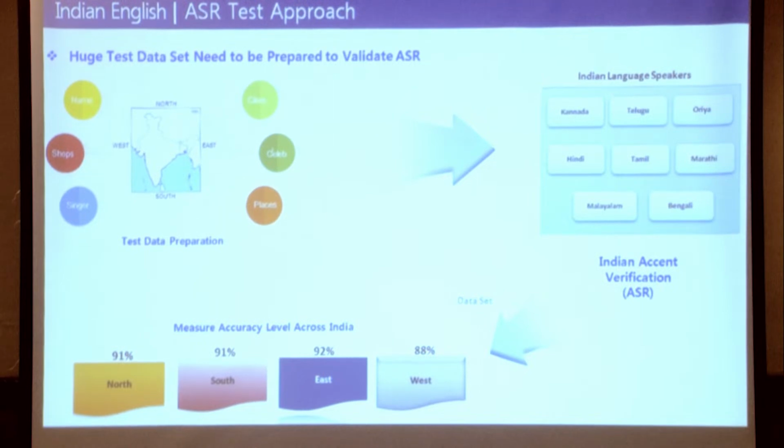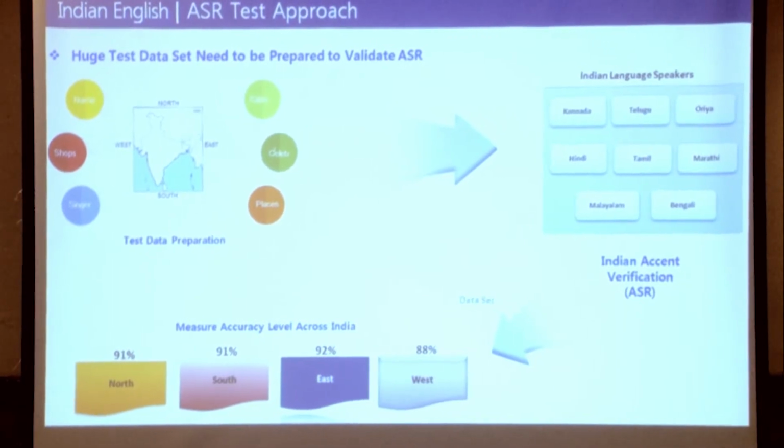When we have to train our engine, we have to take voice samples: a person from Karnataka, the same 5,000 sentences, how he will speak in English. The same 5,000 sentences in English, a person from Kerala with a Malayalam accent, how he will speak. All those voice samples are collected, and then your ASR and NLU engines are trained properly to give the right response.